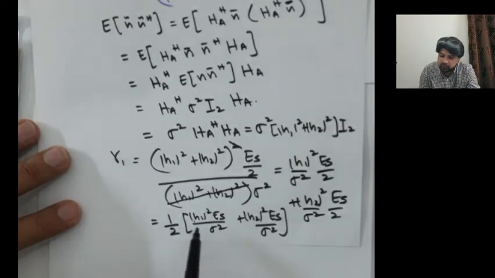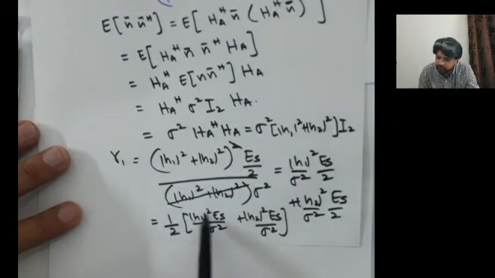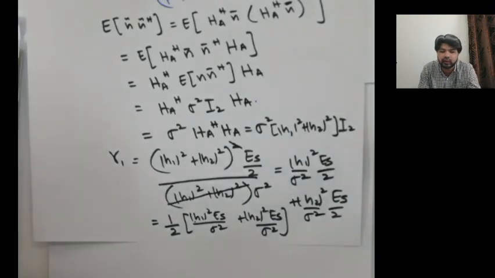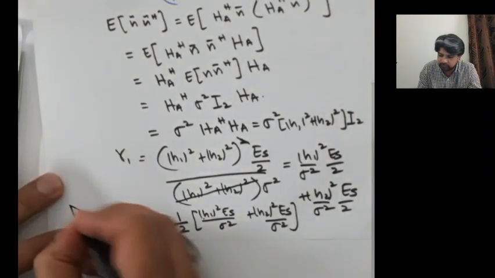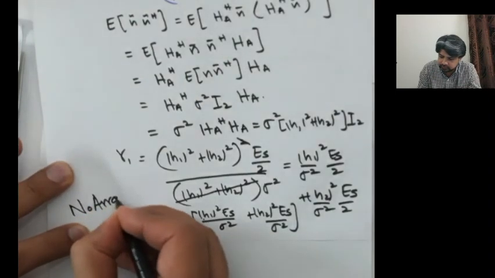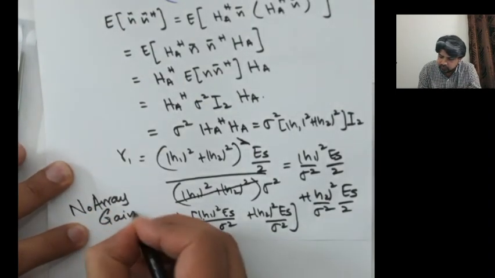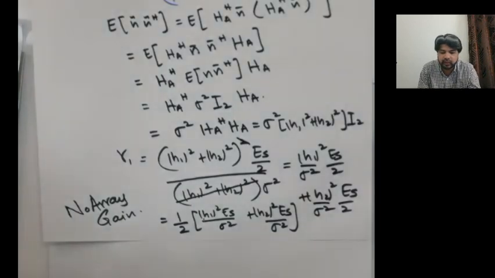So your signal to noise ratio on each of these branches is nothing but 1/2 times the signal to noise ratio of the first branch plus the signal to noise ratio of the second branch. In other words, you don't have any increase in the signal to noise ratio whatsoever. That means you would not get any array gain. Although you would get some diversity gain, as explained, you would not get an array gain using the Alamouti scheme.